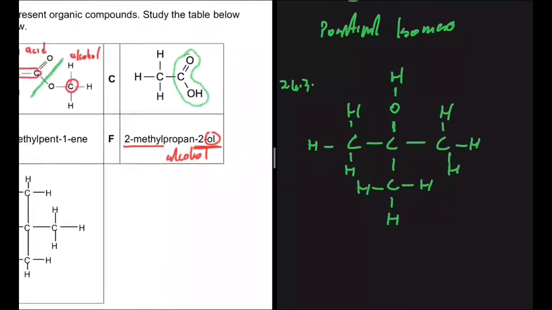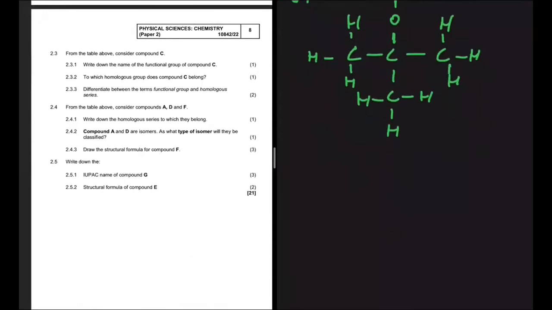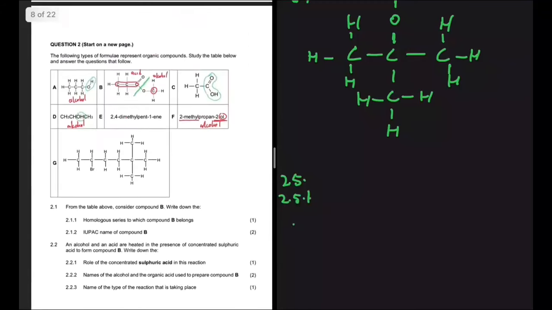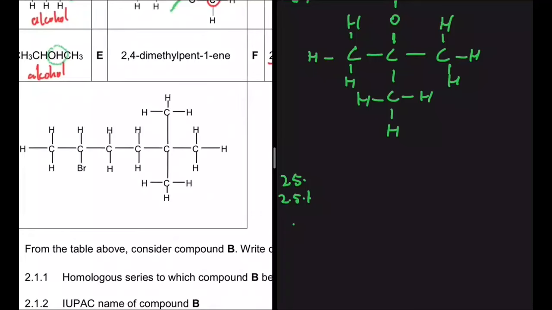Let's go ahead and move to 2.5. So 2.5, we're interested in compound G and compound E. 2.5.1, we're supposed to name compound G. Let's go to compound G. So compound G, the first thing that we must look for is the longest carbon chain.